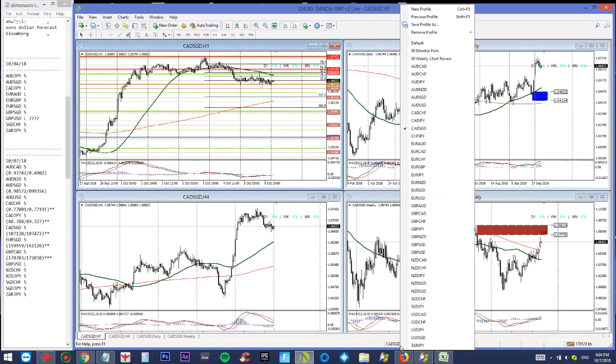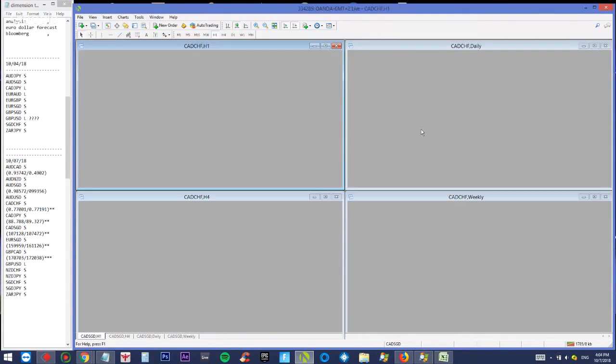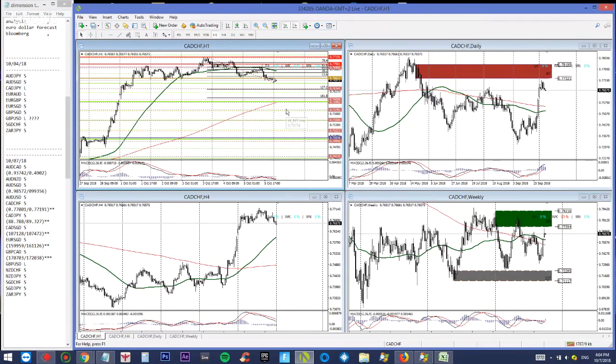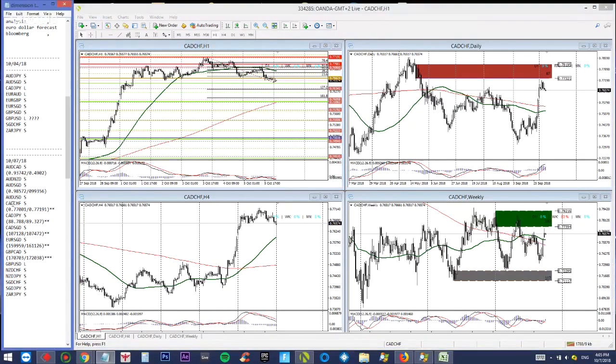And the last one, CHF, traveled 50, 46. Okay, so the high possibility would be Canadian Swiss and Canadian SGD.